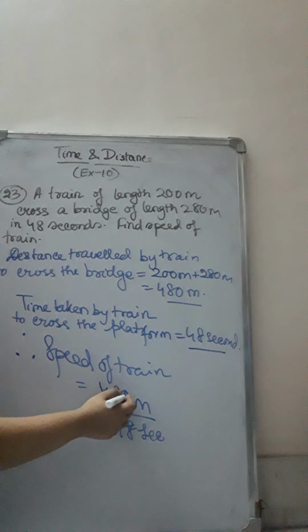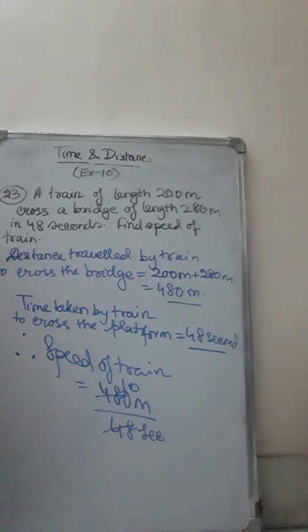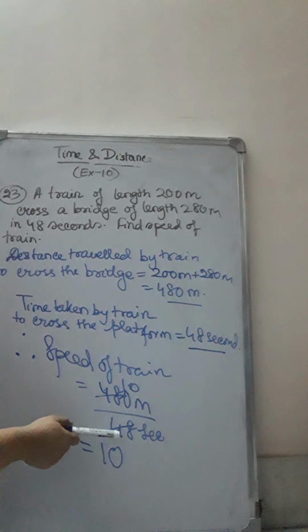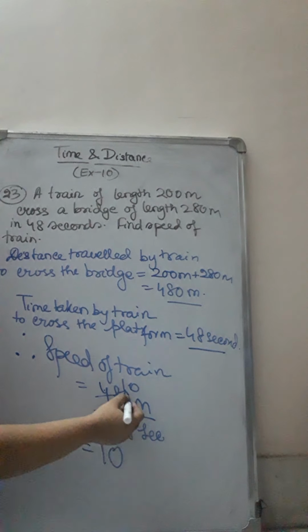Now 48 and 480 get cancelled, 10 is left. So it will be 10. What is the unit of speed? It is a relation between how much distance is travelled with respect to the time taken, so it contains both the unit of distance and time.